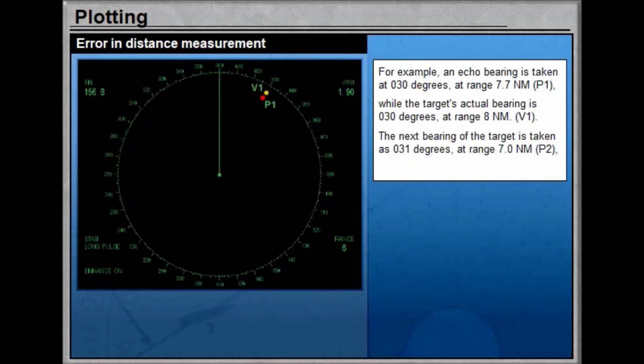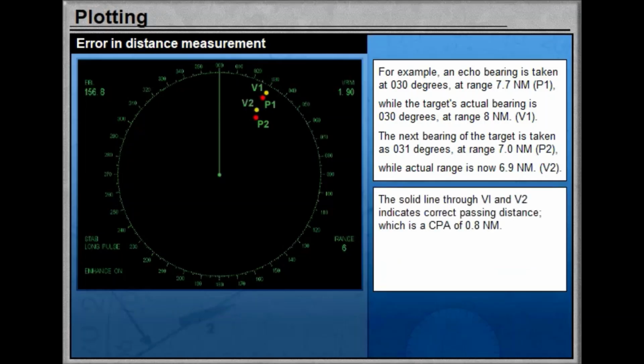The next bearing of the target is taken at 031 degrees, at range 7.0 nautical miles, while actual range is now 6.9 nautical miles.